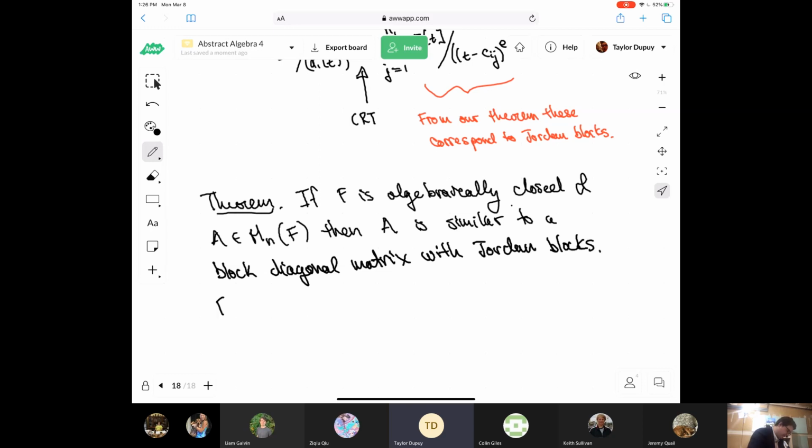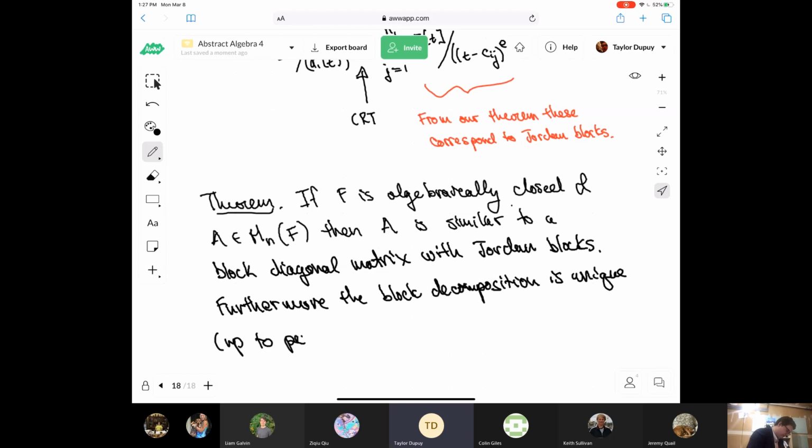Furthermore, the block decomposition is unique up to permutation of the blocks. This last step, the uniqueness, is just from the uniqueness of the elementary divisors.